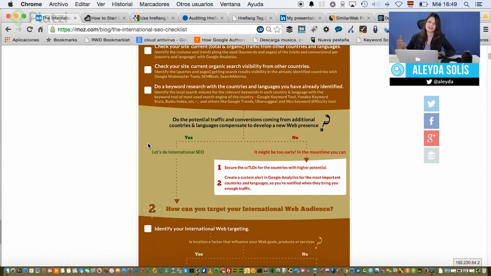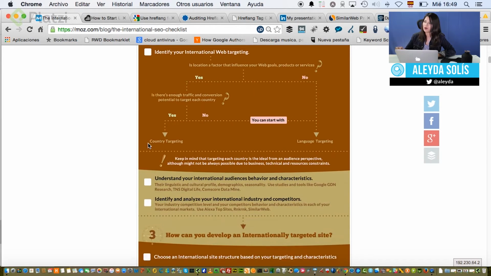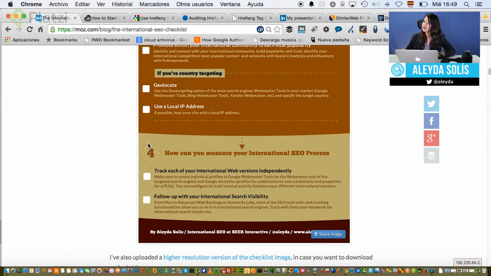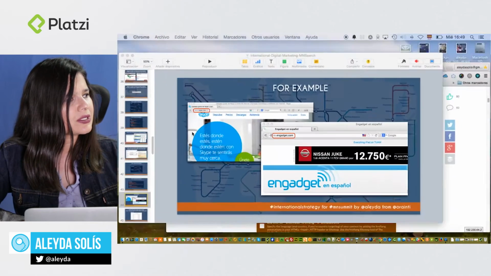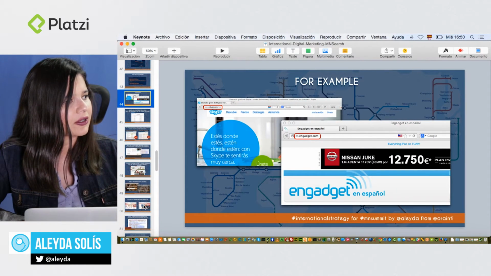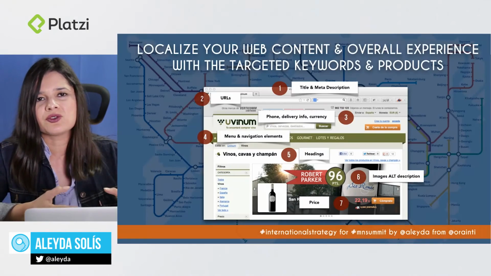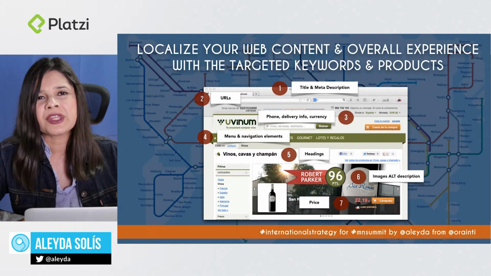As I said before, these are only the main issues, the main aspects, but there is literally much more. You can take a look at the checklist that I created with the best practices. You will see that besides the geo-targeting and making sure that you align your web versions with the right audience, one of the other main issues clarified there is the way that you optimize your overall structure, each of your language or country structures, for the right audience.